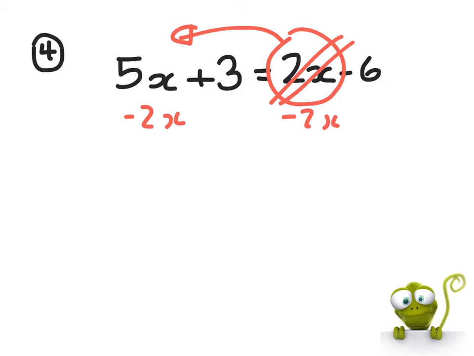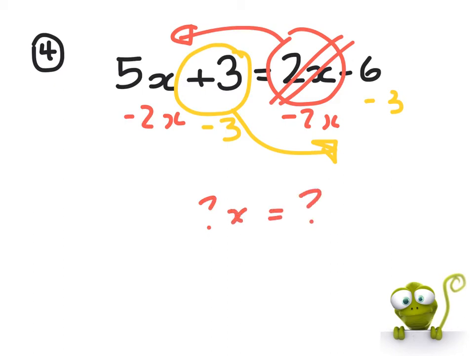Then I deal with the positive 3. That needs to move over. How do I do that? I then take away 3 from each side. Once you've done all of that, you'll have so many x's equals a number, so you can work out what x is.